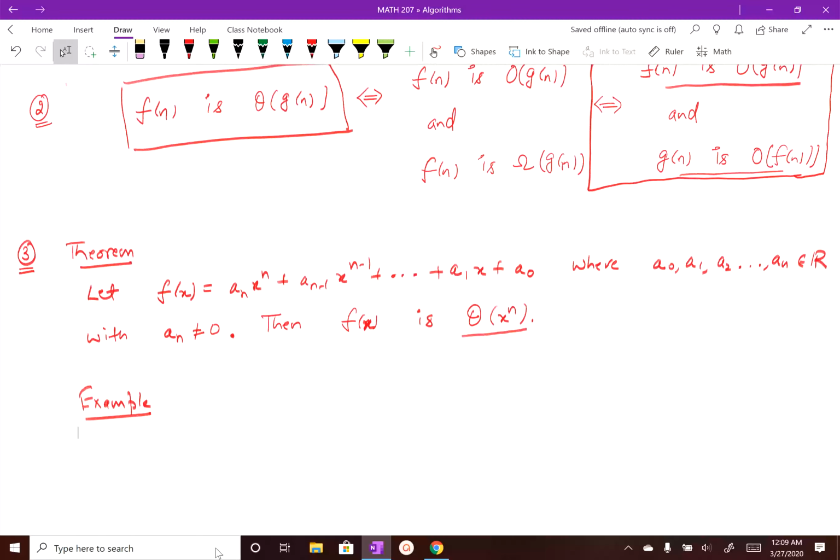We can look at one example based on this theorem. Let's suppose we have f of x which is 3x square plus 2x plus 5.